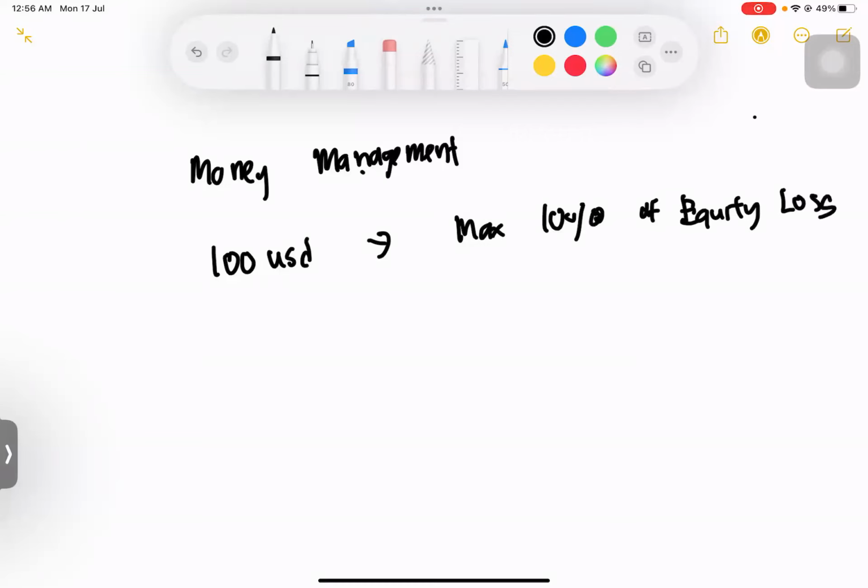For example, if you're taking 50 pips, your 10% is $10. This is per setup. Your equity is $100, and $10 will be your maximum loss. This is for gold. $10 is your maximum loss, that means 50 pips.